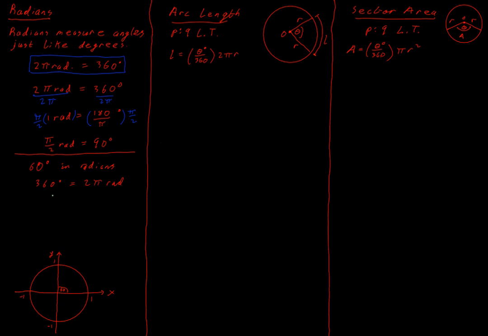Divide both sides by 360 to find out what 1 degree is in radians. So 1 degree is equal to pi over 180 radians. We want to know what 60 degrees is, so multiply by 60.